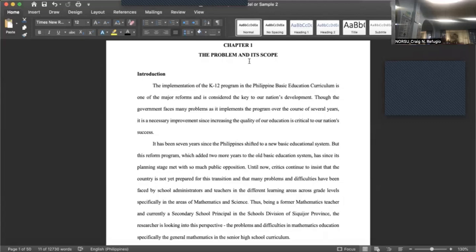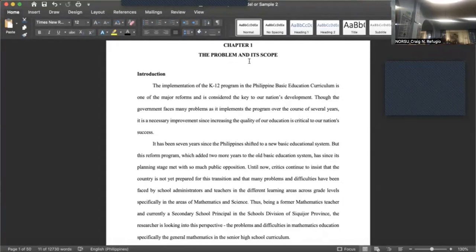First page, the title of your research proposal. Jot down on the first page the title of your research proposal, and that's on top. Then somewhere in the middle, "By" and then your name.